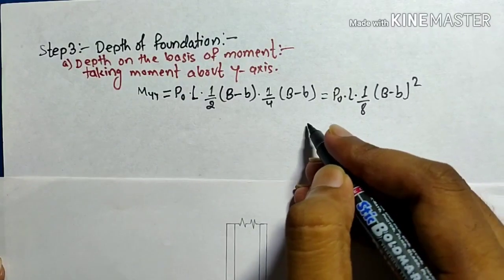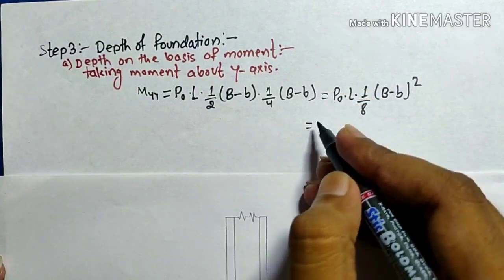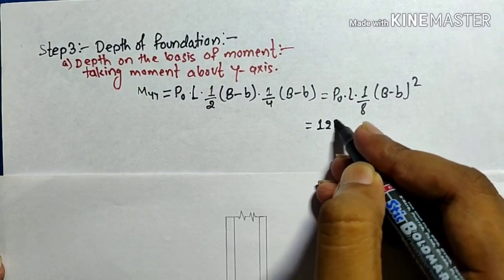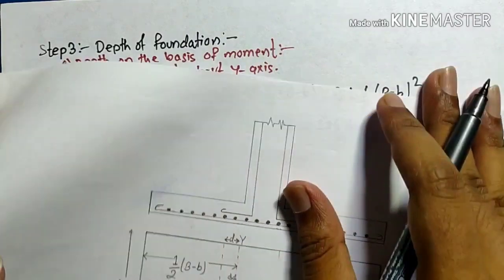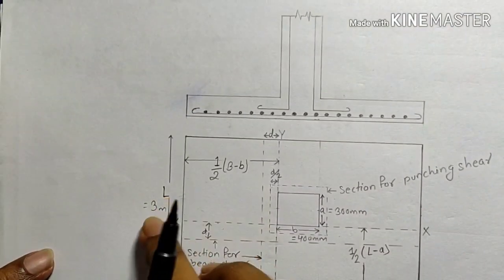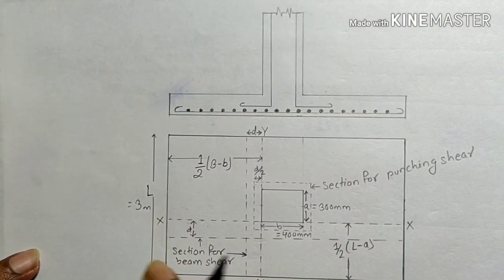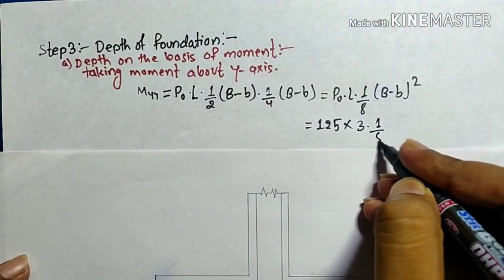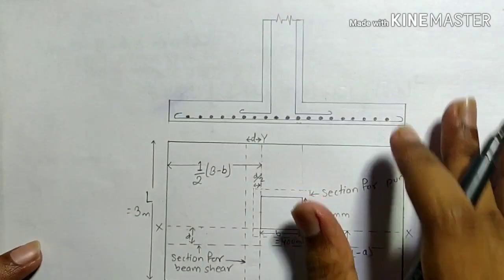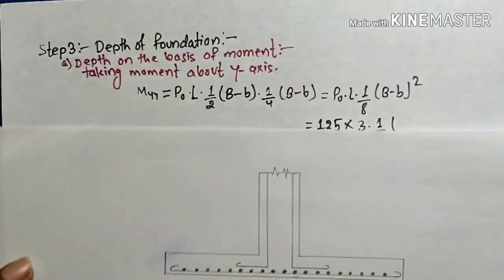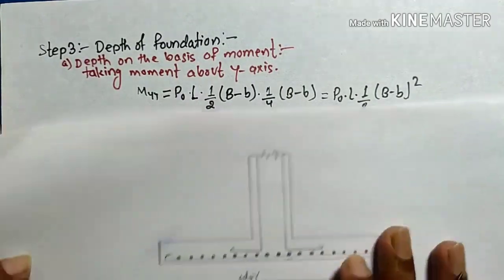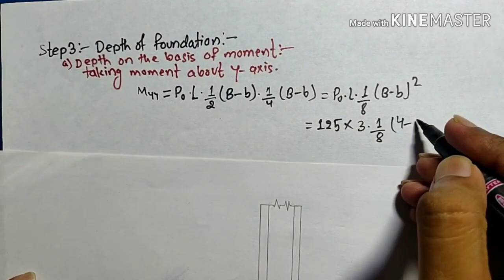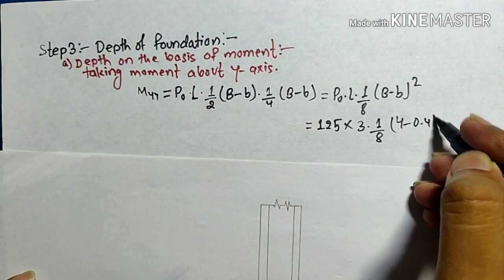Now put the value, and we have the value of P naught, which is 125, into the value of L, which equals 3. So put it here, 3 into 1 by 8 times capital B, and the value of capital B is 4, minus the value of small b, which is 400 millimeter, so in meter it will be 0.4, whole square.